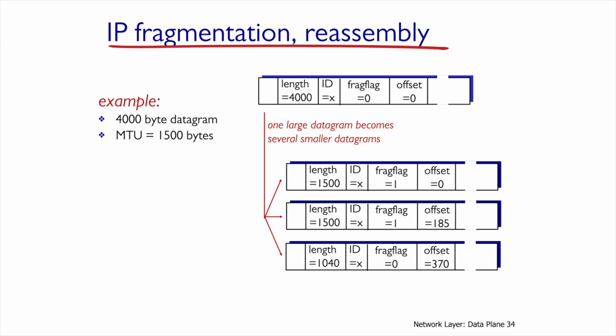For the second we see 185, and for the third, 370. The first datagram is flag equals 1, with offset equals 0. The last datagram is flag equals 0, with an offset larger than 0. And in the middle, it's flag equals 1, with an offset larger than 0.